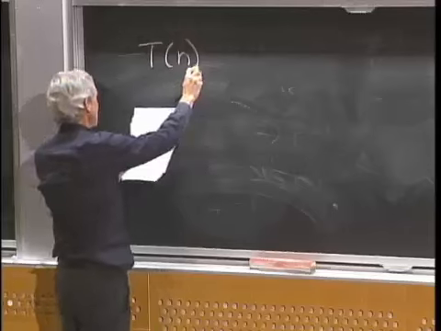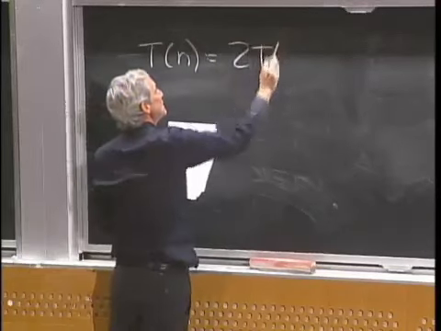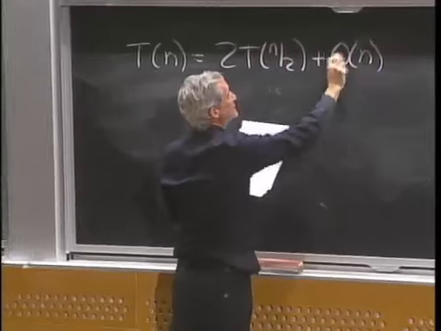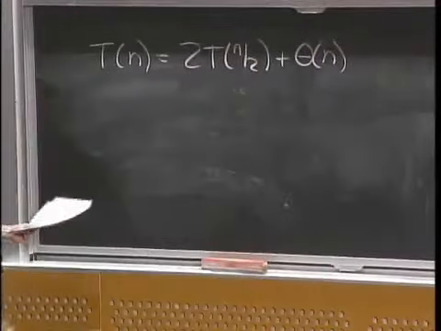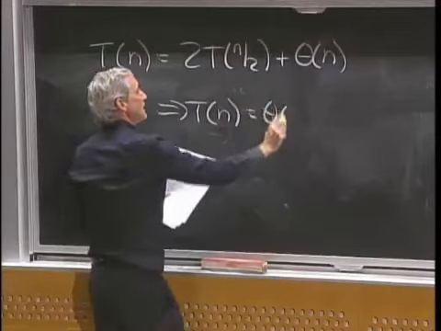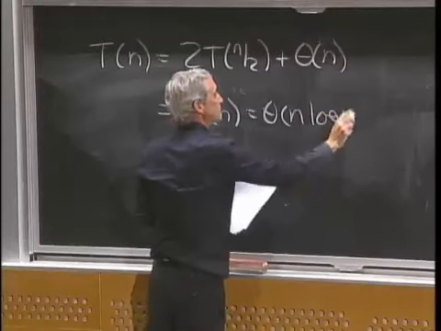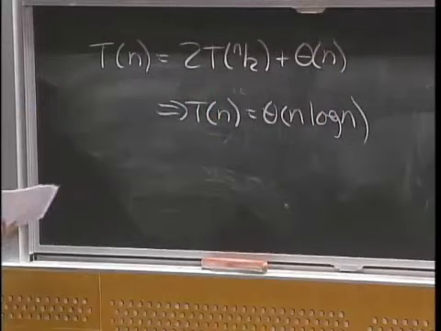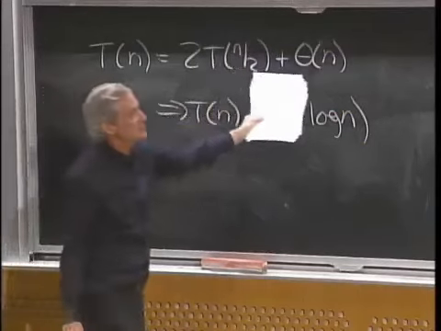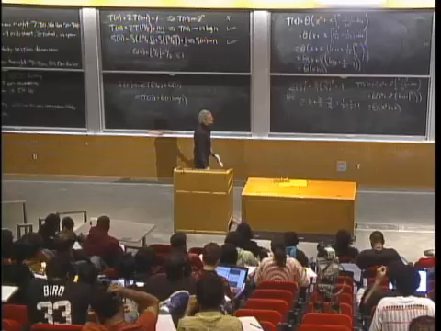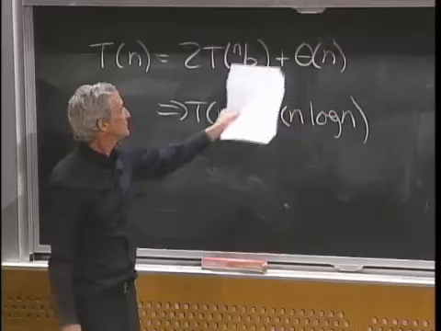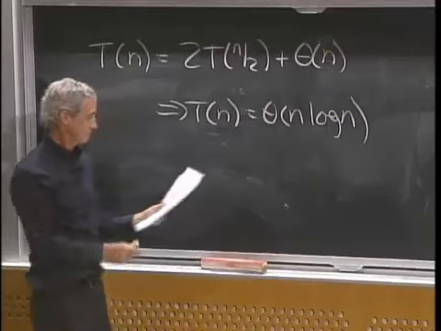Your recurrence will be set up to be T of n is 2 T of n over 2 plus O of n, or plus theta of n. And then you'll conclude that T of n is theta of n log n, using Akra-Bazzi or whatever method you want. It doesn't really matter what the constant is on g, because the constants disappear. So people stop worrying about it early on.